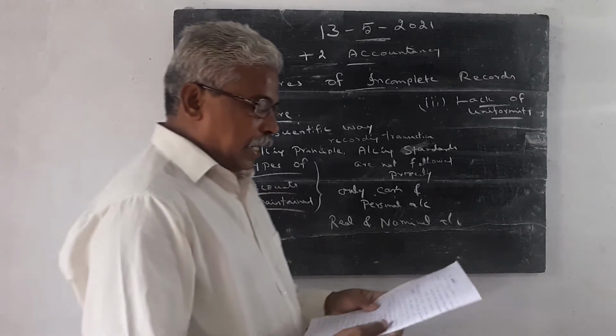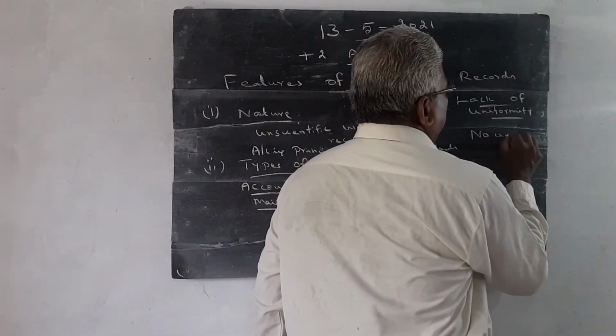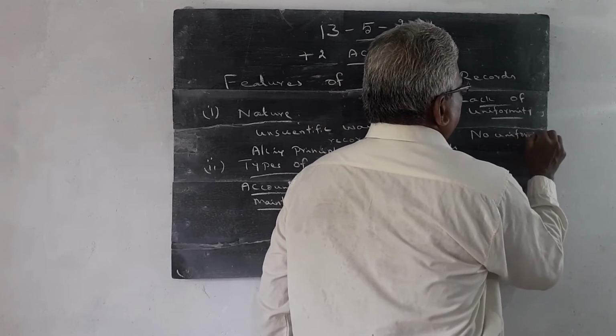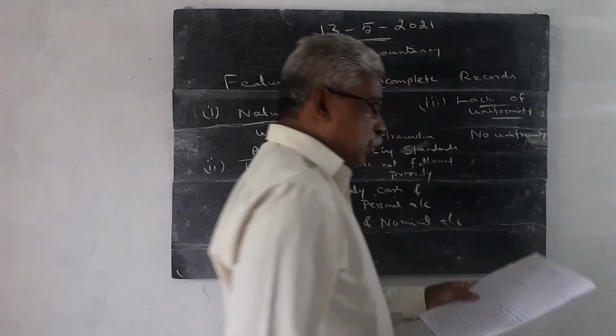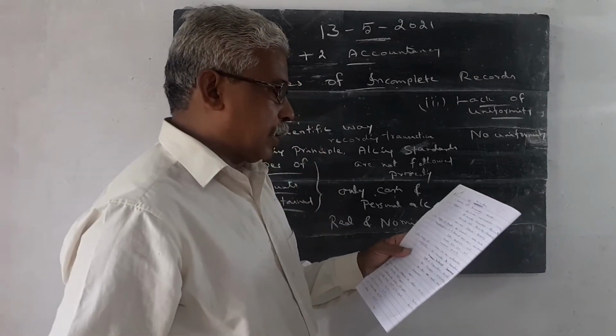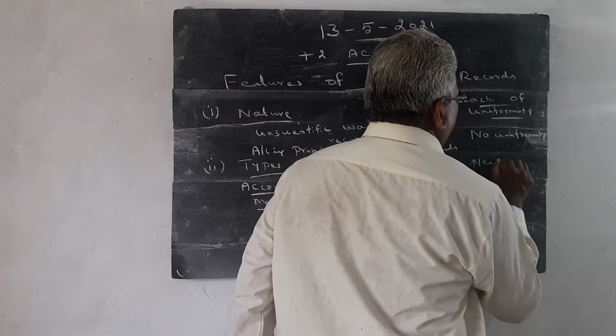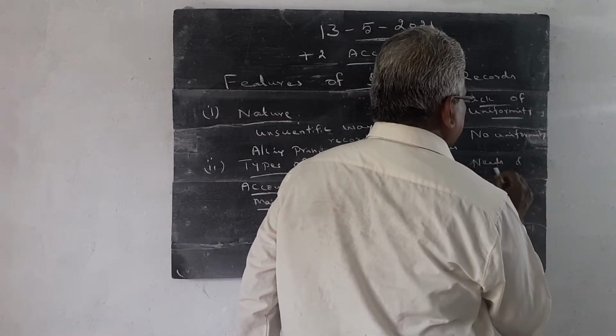Then point number 3, lack of uniformity. There is no uniformity for maintaining the accounts. No uniformity for recording the transactions. Different organizations record according to their needs and convenience.